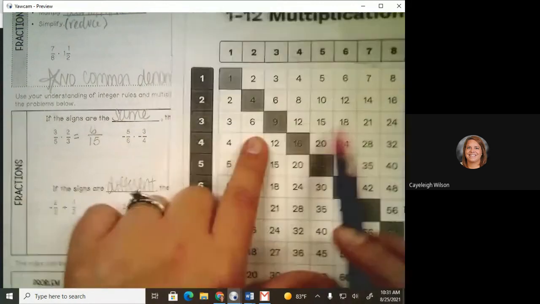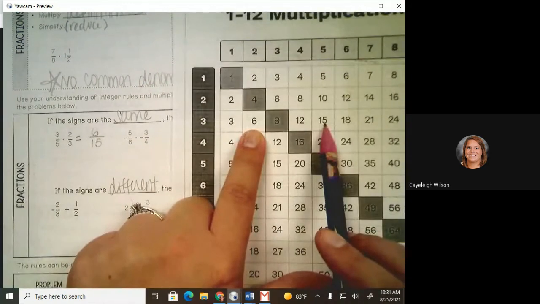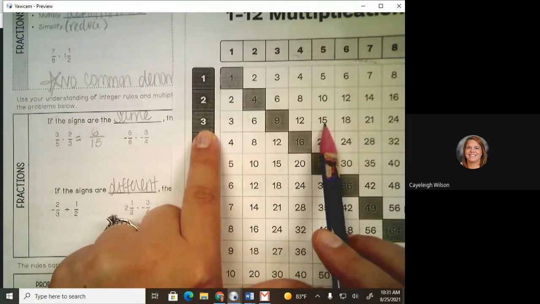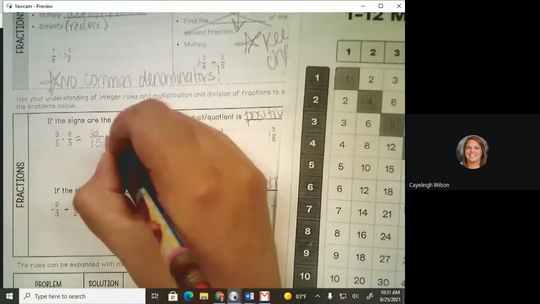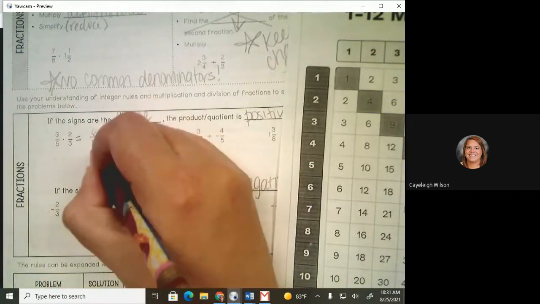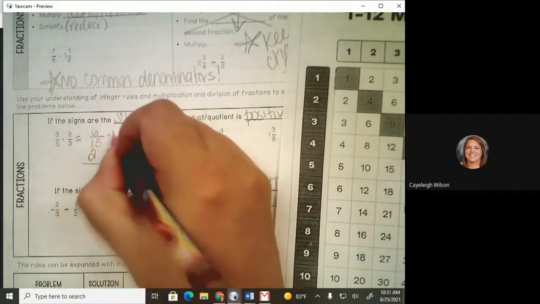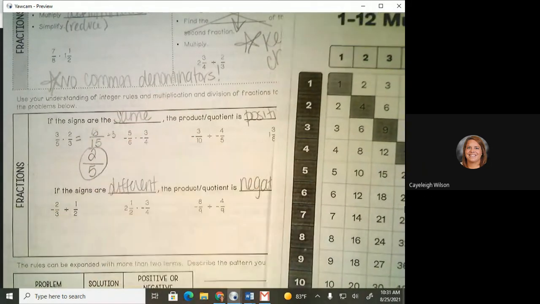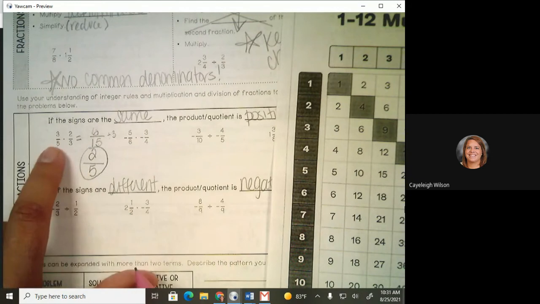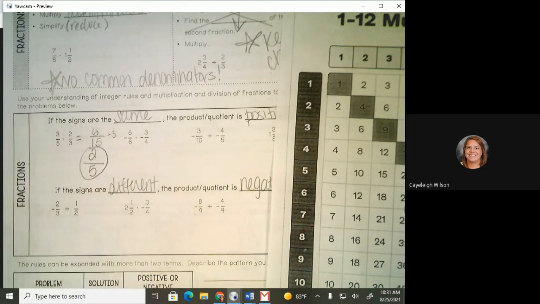No. Oh, right here. 6 and 15. That means they're both reducible by 3. So I'm going to reduce both of these by 3. 6 divided by 3 is 2. 15 divided by 3 is 5. And I'm done. So reduce it if you can. Oh. And my answer is positive because a positive times a positive is a positive. Same sign. They're both positive answers.